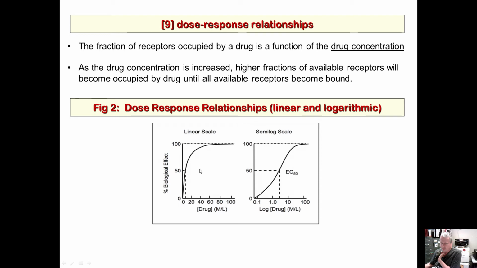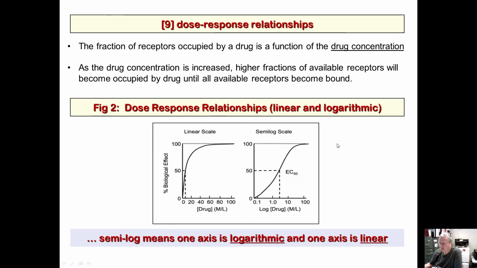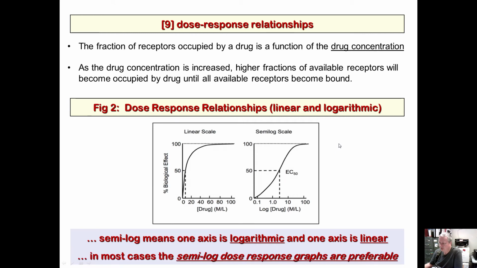So the better thing to do is really do a large distribution of drug concentrations, and then make this sort of logarithmic, or what they call semi-log scale curve. So we do the x-axis logarithmically, and then the y-axis remains linear. By making one axis logarithmic and the other not, it is called semi-log, as opposed to making both of them logarithmic. That would be a fully logarithmic scale. That's what we mean. Usually semi-log curves are used in drug discovery to show dose response.